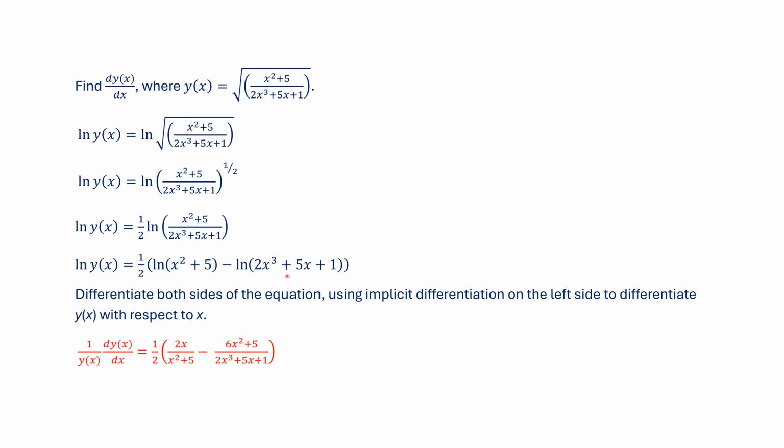Likewise, the 2x cubed plus 5x plus 1 becomes the denominator, and we have to take the derivative of what's inside, 6x squared plus 5. This is the chain rule. We have to take the outer form, then the derivative of the inner form.